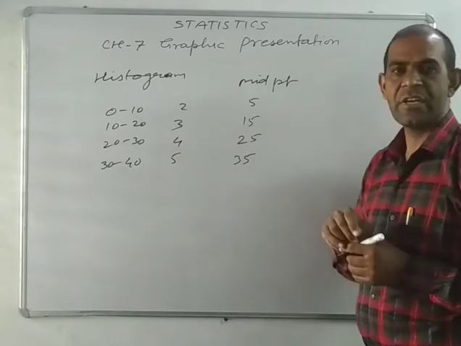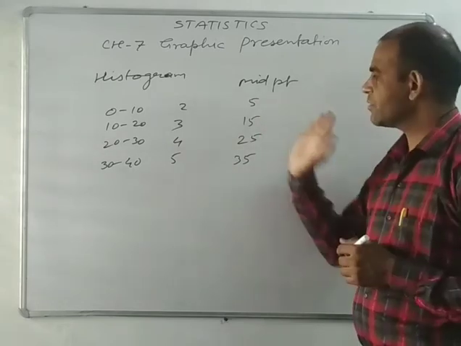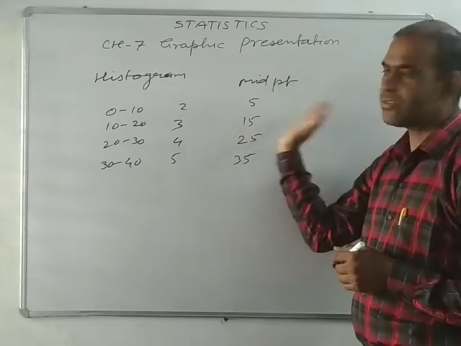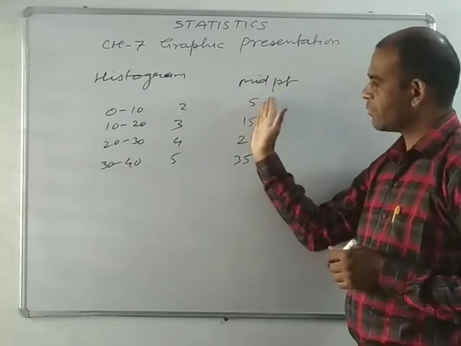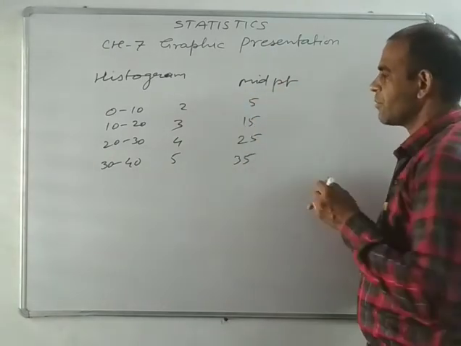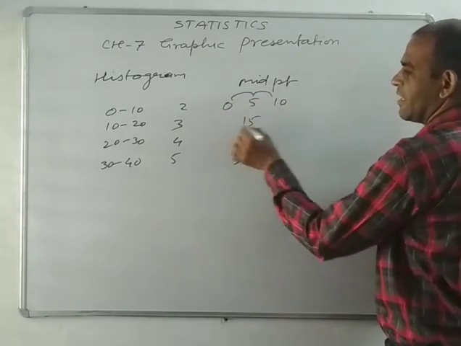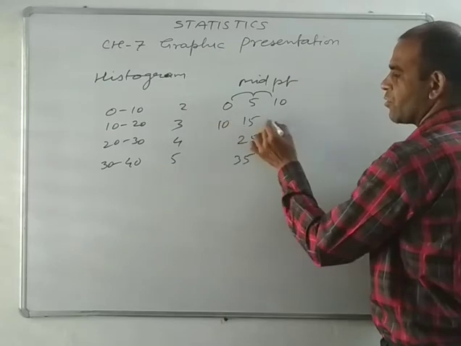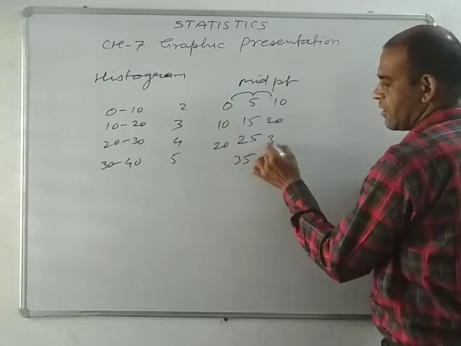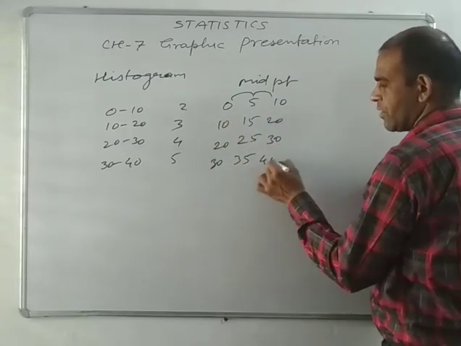Here 5 to 15, the difference is 10. So adjust these values by 10 units: 5 units before and 5 units after. So before 5, 0. After 5, 10. So 0 to 10, 10 to 20, 20 to 30 and 30 to 40.